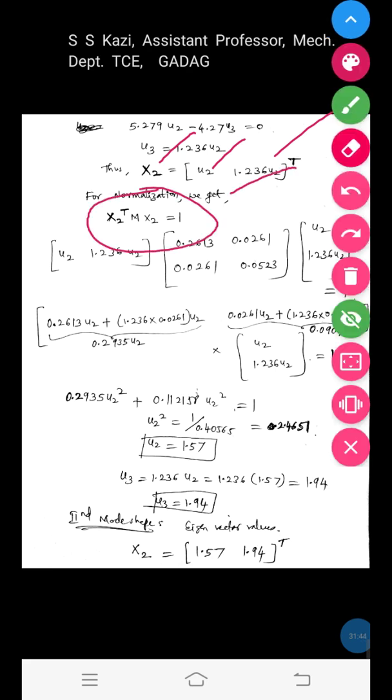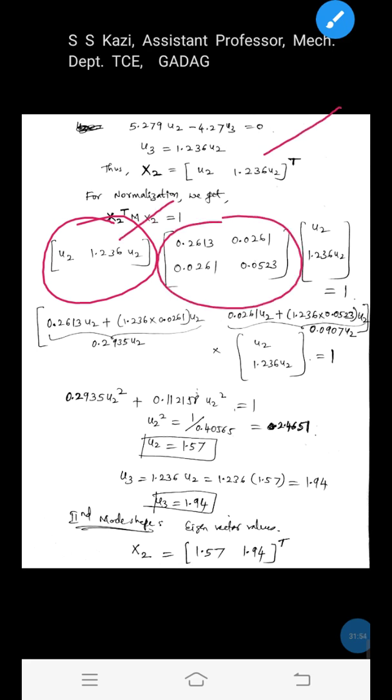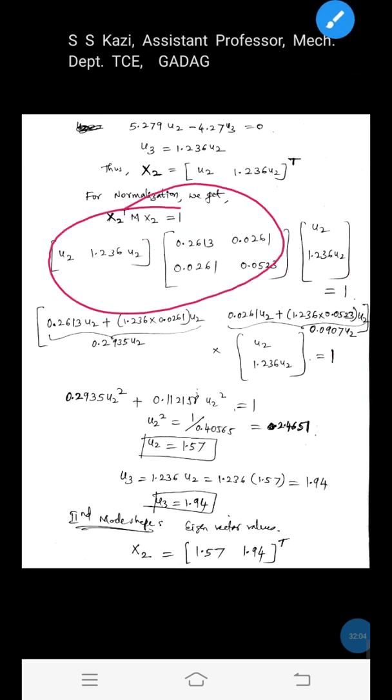In the previous page we have discussed this for the lambda 1 first eigenvector. You substitute x2 transpose as this value, this matrix, and M, the same mass matrix we have seen in the previous page, into x2, which is u2, 1.236 u2, is equal to 1. After that, taking the product of these two, you will get 0.2935 u2, 0.0907 u2.